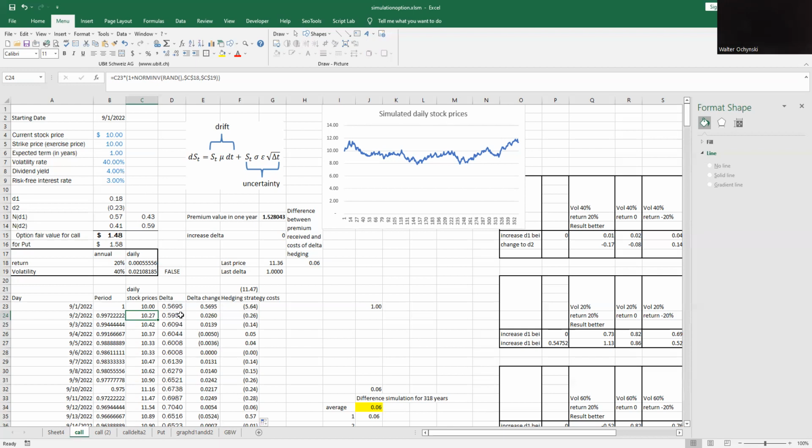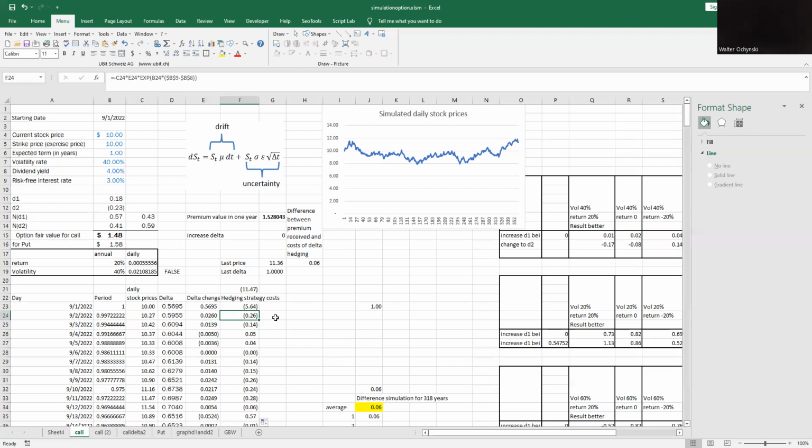We calculate the new delta, which now uses the new current stock price, not 10, but 10.27. Since the price increased, the delta increases, so the delta change leads to an additional purchase of stocks according to the delta change.